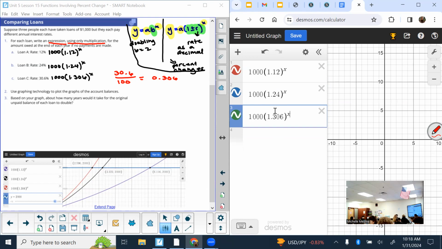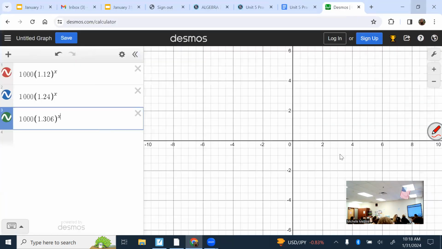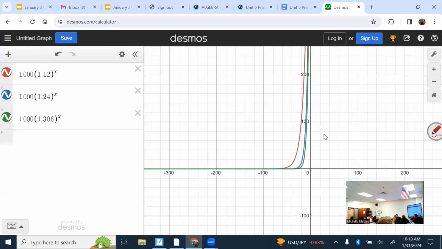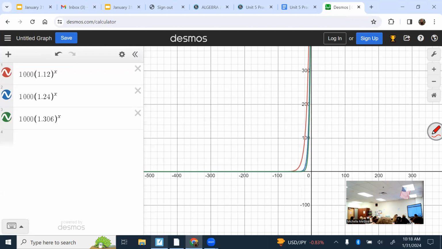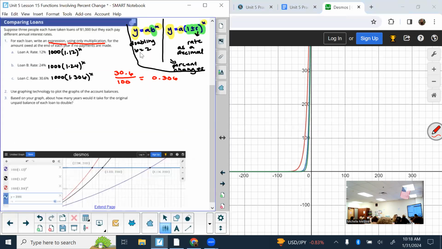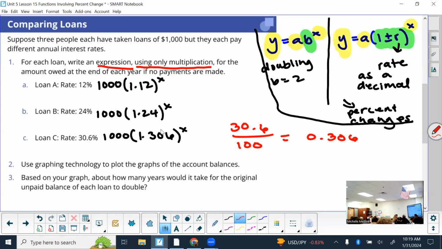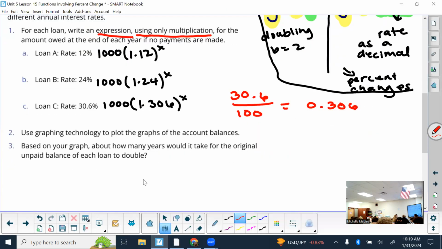Then, I don't see anything right now, so I have to play around with the window. What I do see is not that helpful. So I'll show you how to adjust the window, but it wants to know when each loan will double the original amount.